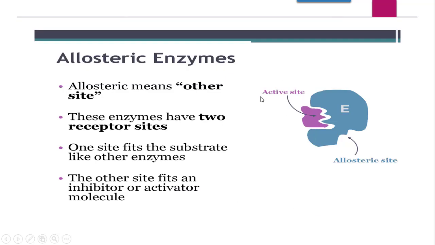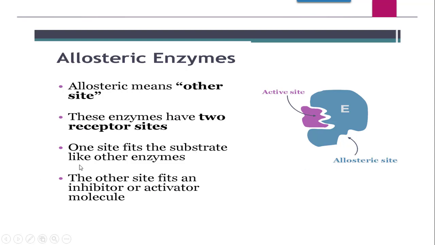Here, other than the active site, there is also another site, the allosteric site, meaning other site. So these enzymes have two receptor sites: one is the active site and the other is the allosteric site.